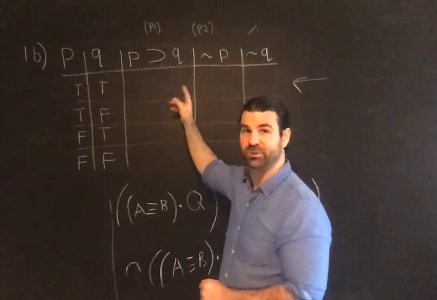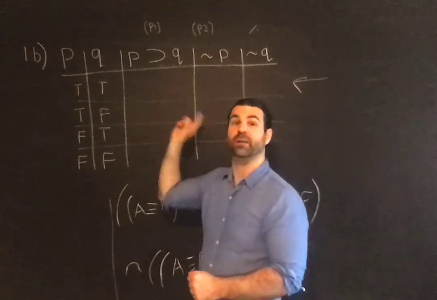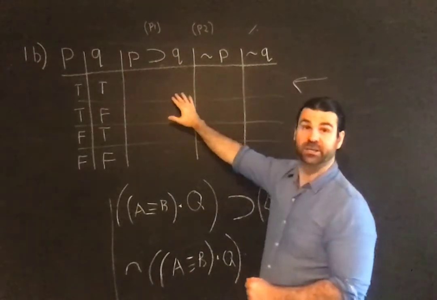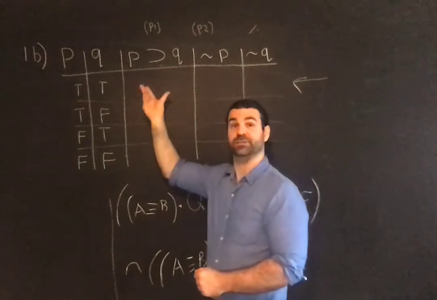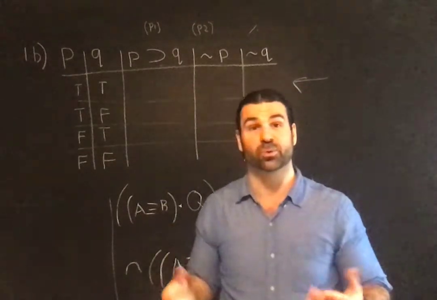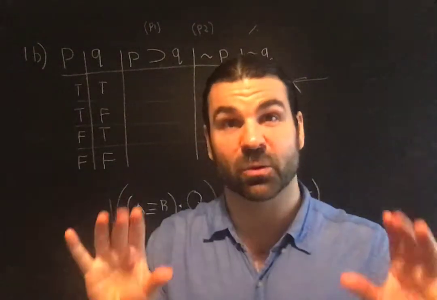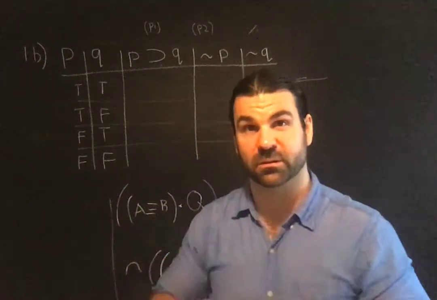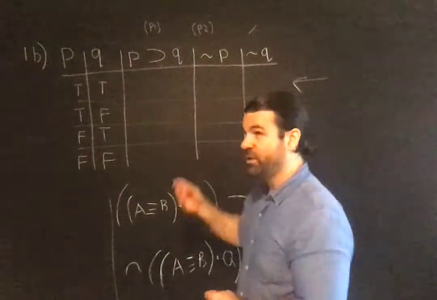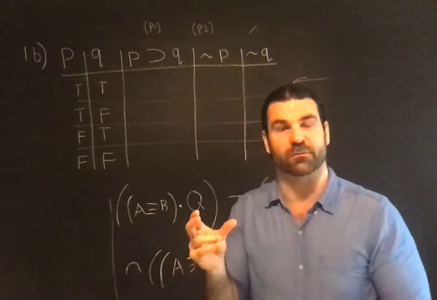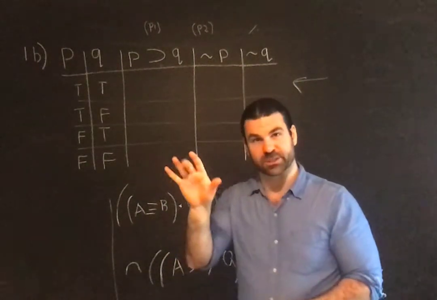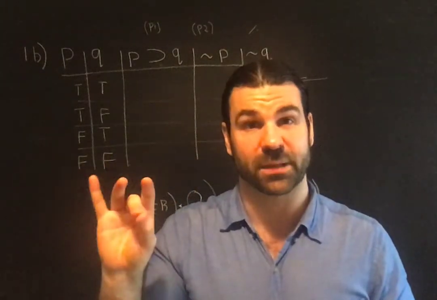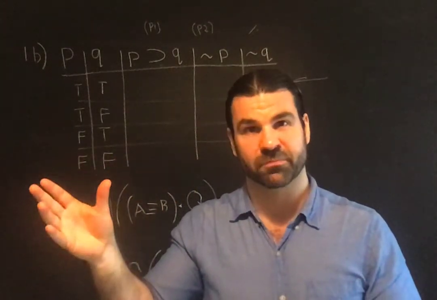Each substitution instance for this argument form where both the P and the Q are true, or both the antecedent and the consequent of the conditional that is the first premise are true, they're all equivalent with regard to the question that concerns us, which is: what are the truth values of the premises and conclusion? What are the truth values of the statements that make up the argument, right?